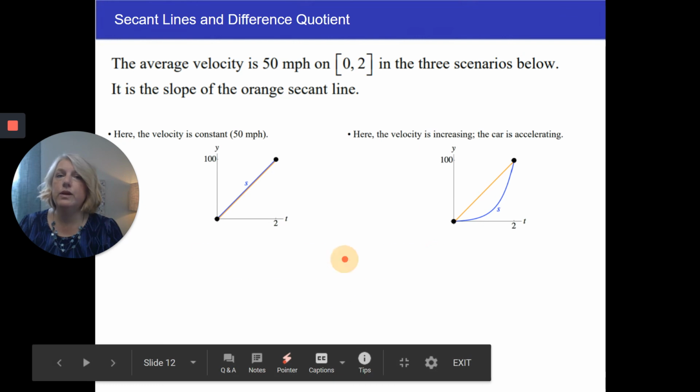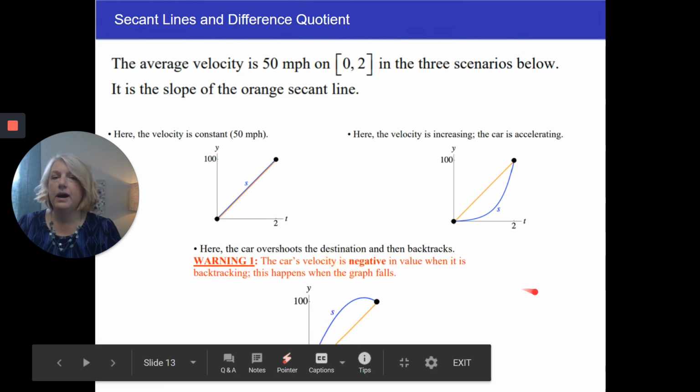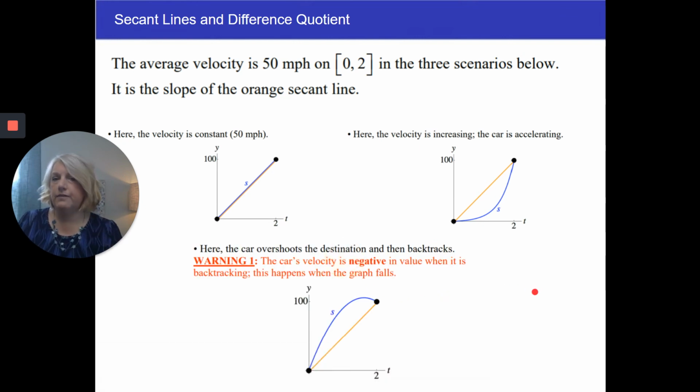But even if you do have a positive average acceleration, that does not mean that the position was always increasing. So here's an example where the car kind of overshot the position that they wanted to be in. So they went past it, and then when they came down, that means they were going south.